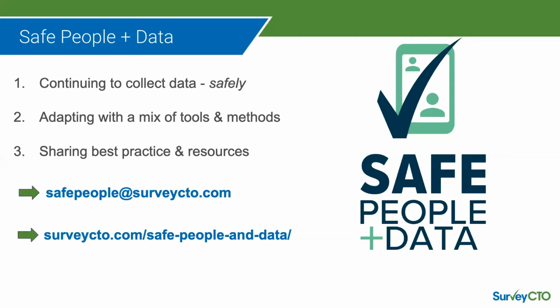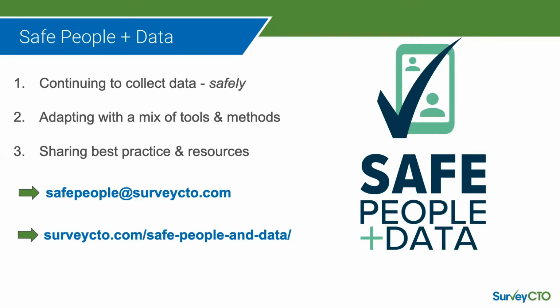Before I hand over to Pinaki, I'll briefly mention the Safe People and Data Initiative. This initiative has been spearheaded by the team at Dubility, and we'd like to grow it through participation and support of users. We're aiming to look beyond technology, obviously still important to us, to focus on best practices for safe data collection, which can involve a mixture of tools and methods. We'd love to hear about how you're adapting and changing your work.